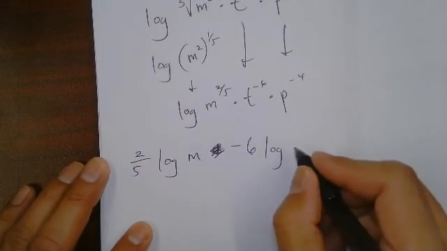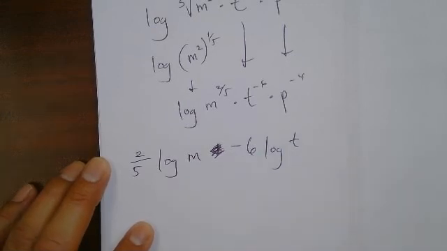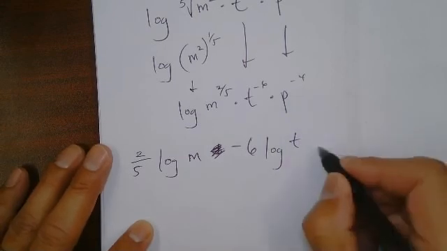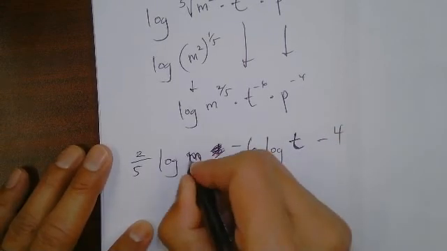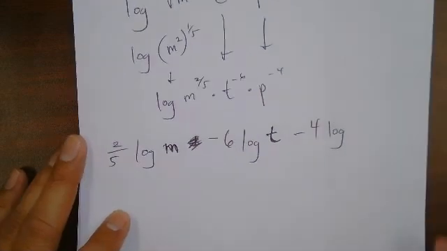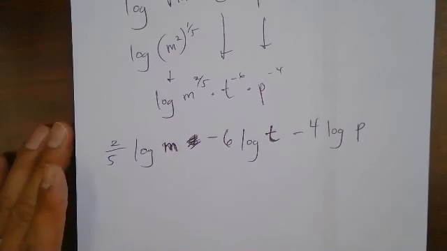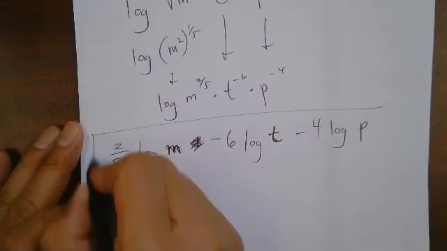It should be negative, because that's going to become down. That's going to be a -6. So minus, not a plus. -6 log t. And what's that going to be? Another minus, huh? -4 log p.